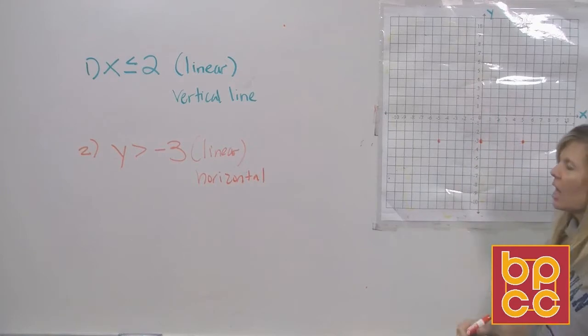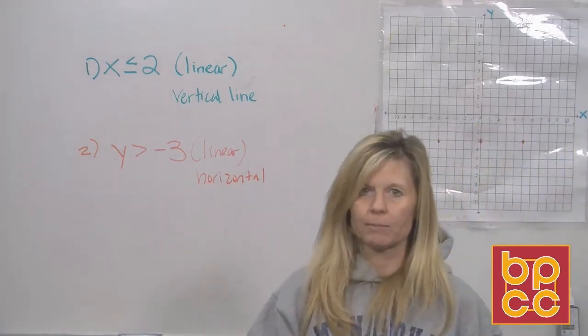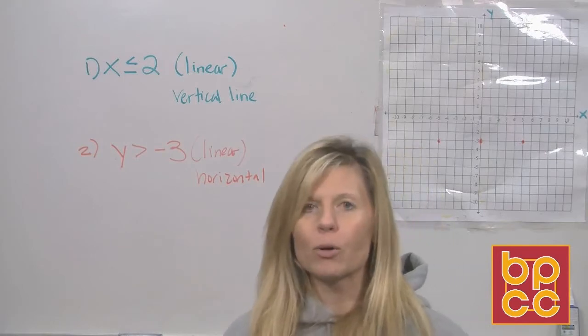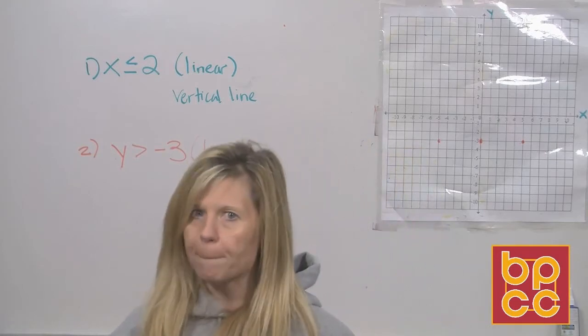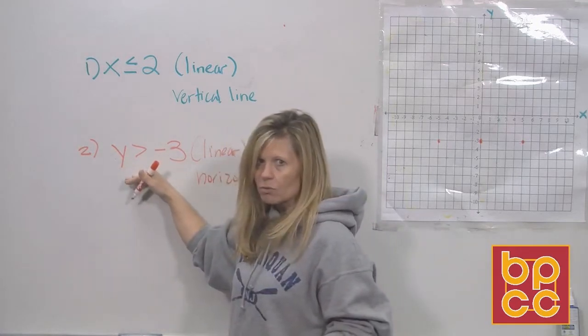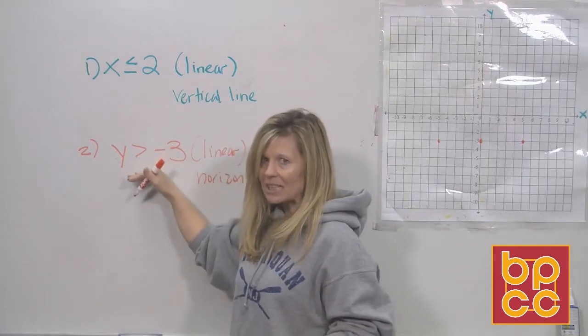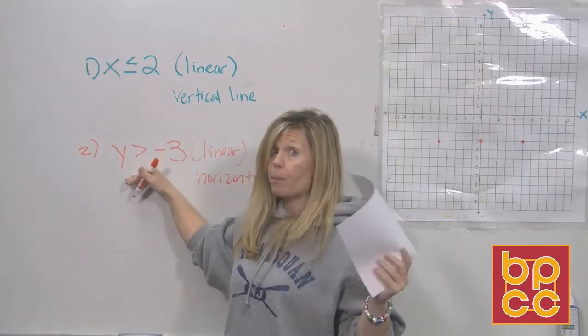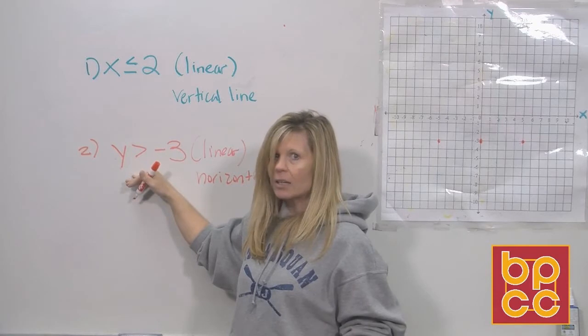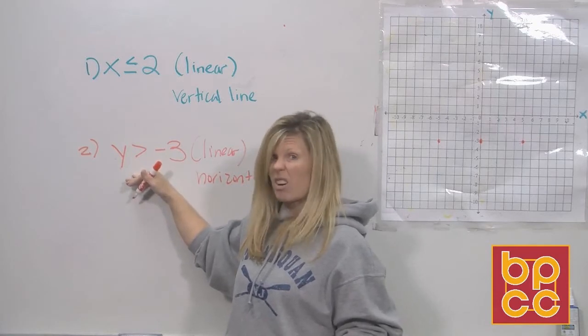Do I make this line solid or broken? Solid means the points I plotted are part of the solution. Broken means the points I plot are not part of the solution. Well, if you do not have an equals, if it's just less than or greater than, then the points you plotted are not part of the answer. And to show that, we can't put parentheses like we did on our number line.